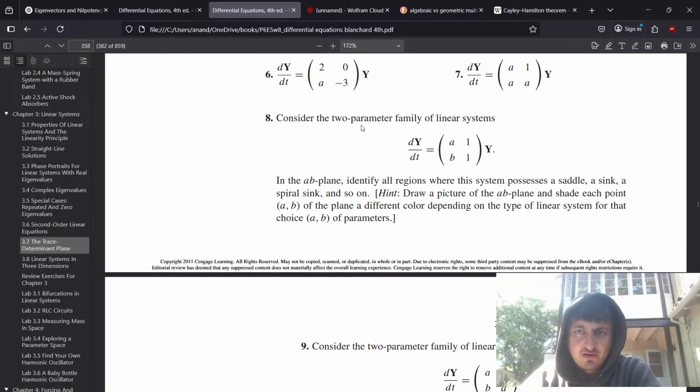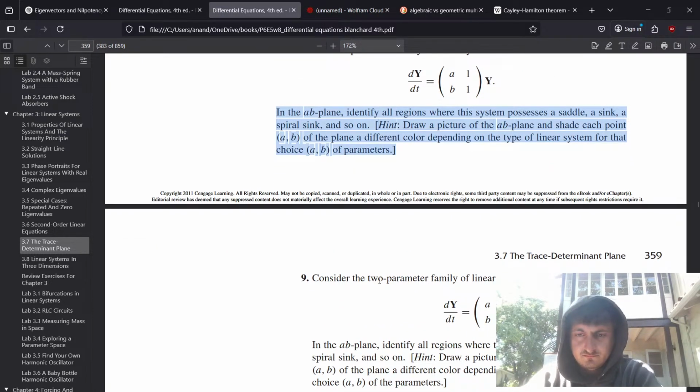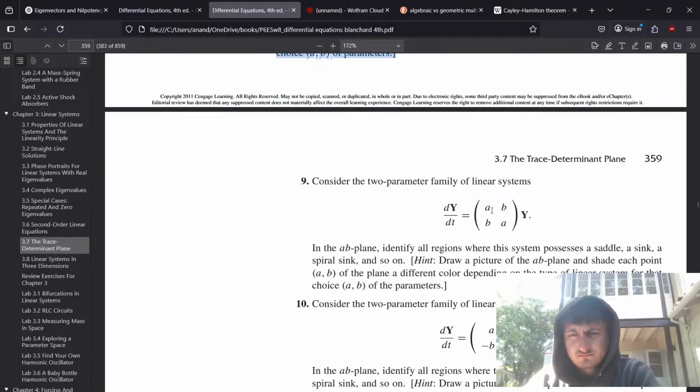Consider the 2-parameter family of systems in the AB plane. Oh, that's cool. That's cool. We got to do 8. So the trace here is going to be 2a, and the determinant's going to be a squared minus b squared.